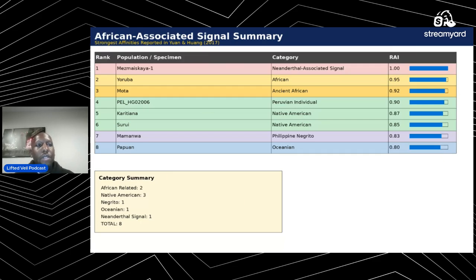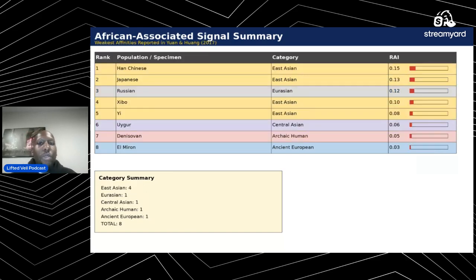Secondly, the Yorubans, then the Mota, and again, the Peruvian, Caribbeanos, and the Suriai, modern day Native Americans, right? Then you got the Mamanwa from the Philippine Negritos, or the Philippine Negritos and the Papuans. Again, weakest affinities found in this study. Han Chinese, Japanese, Russian again.